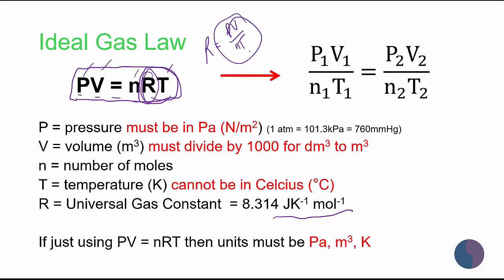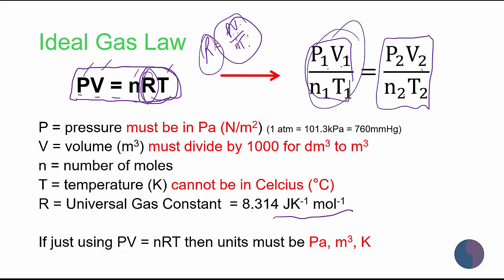So as we saw before, any situation of these will give us a constant. So pressure, volume, number of moles, and temperature in one situation will equal the gas constant, which will be the same as pressure, volume, number of moles, and temperature in the second situation. So you might have a question that's horrible and it's changing all of these, or you might just have some of these as constants, and if they're constants, you can just cross them out.